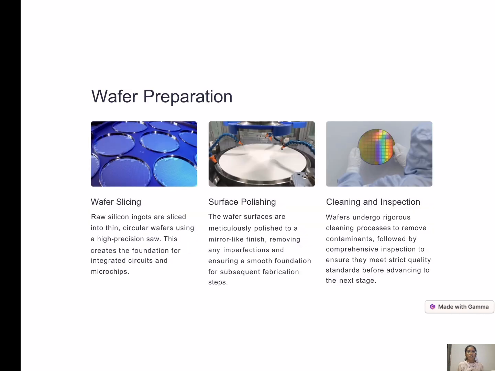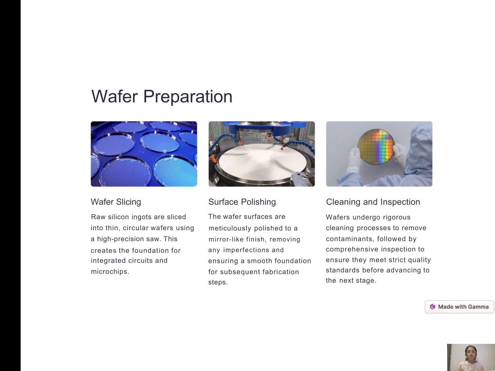Next is the process representation of VLSI fabrication, that is wafer slicing. Raw silicon ingots are sliced into thin circular wafers using high precision. This creates a foundation for integrated circuits and microchips. Then surface polishing: the wafer surface is meticulously polished to a mirror-like finish, removing any imperfections and ensuring a smooth foundation for subsequent fabrication steps.